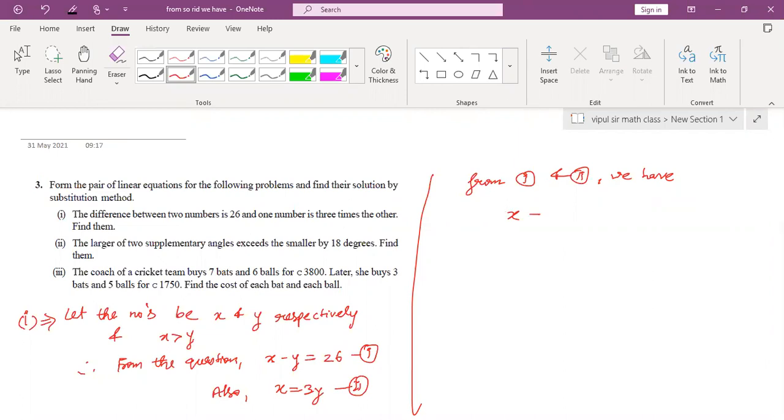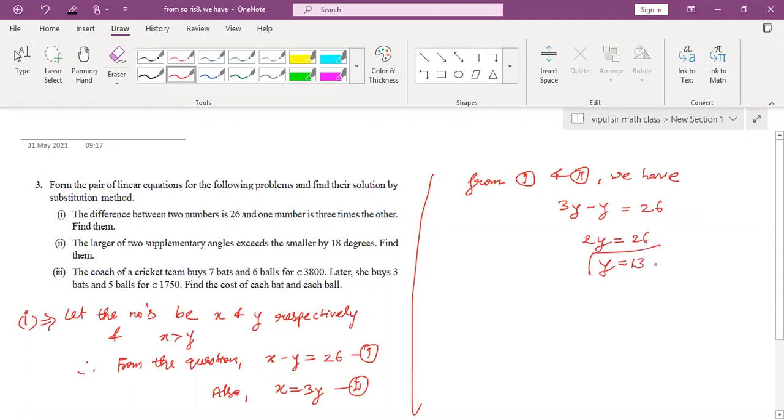Sorry. We have x replaced by 3y. It will be 3y minus y is equal to 26. 2y is equal to 26, and therefore y is equal to 13.